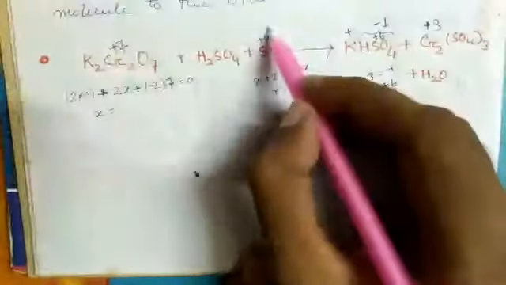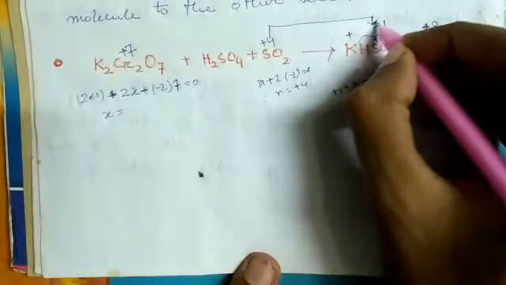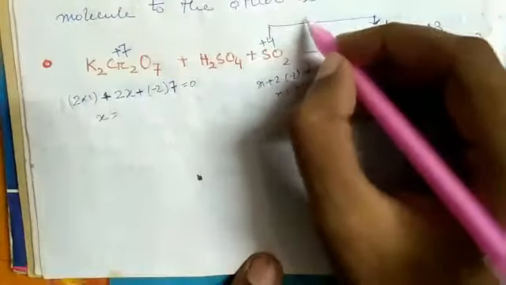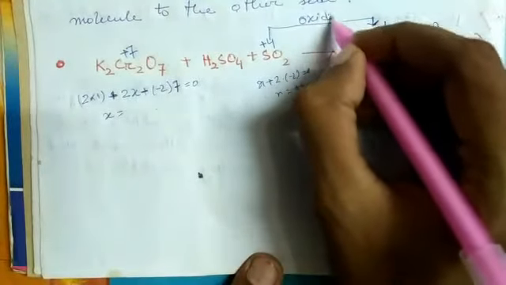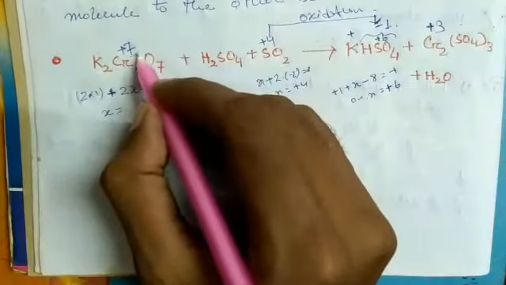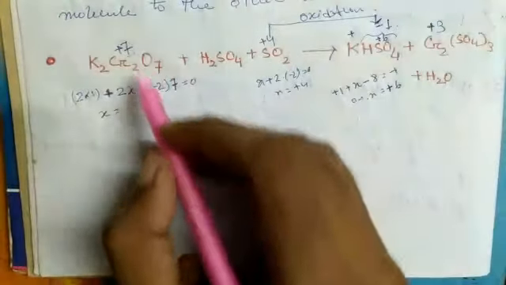So here the oxidation number increases, so it is an oxidation reaction. And here the oxidation number decreases from its initial value to +3, so it is a reduction reaction.